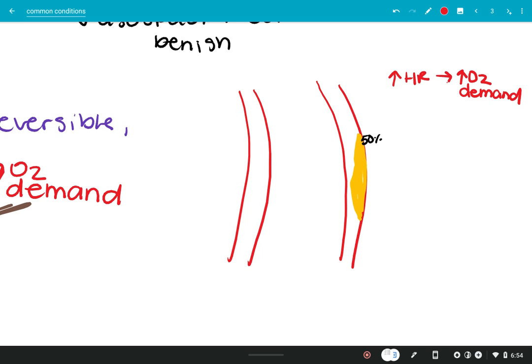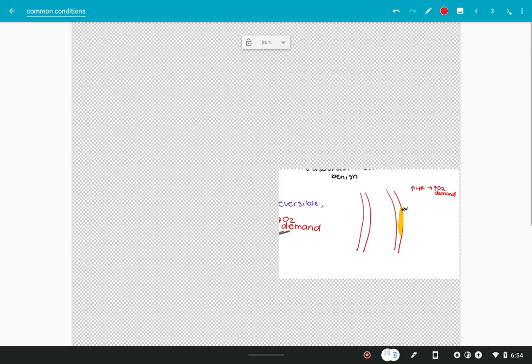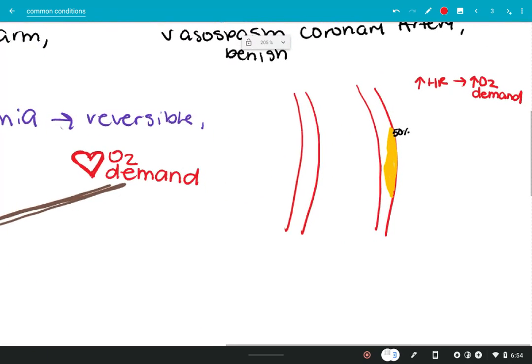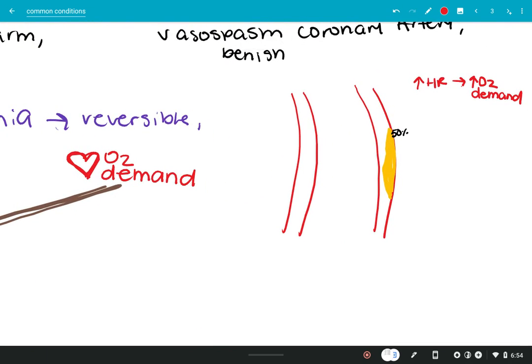When the oxygen demand goes up, and remember these are the coronary arteries, right? So these are the arteries right here that are feeding the heart. Just like any muscle, I need more oxygen. My blood vessels are going to dilate so that they can feed me more oxygen, more nutrients.